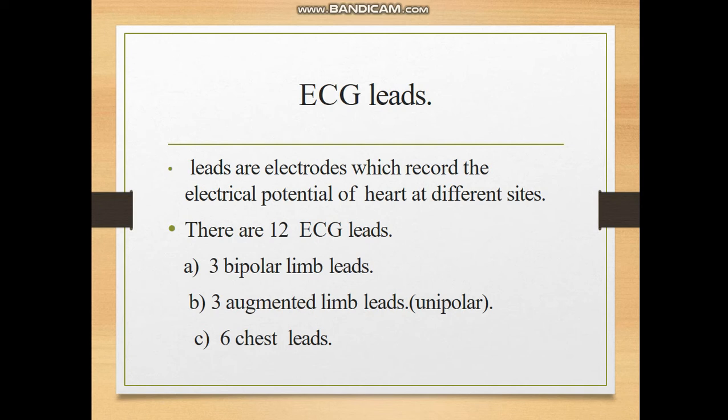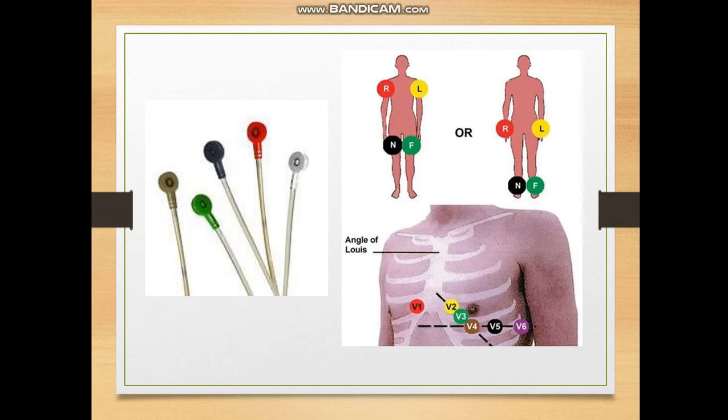Leads are electrodes which record electrical potential of the heart at different sites. There are 12 ECG leads: 3 bipolar limb leads, 3 augmented limb leads, unipolar they are, and 6 chest leads which are placed. See, these are the leads. These are the right arm, left arm, the left foot, and this is the neutral, the right foot.